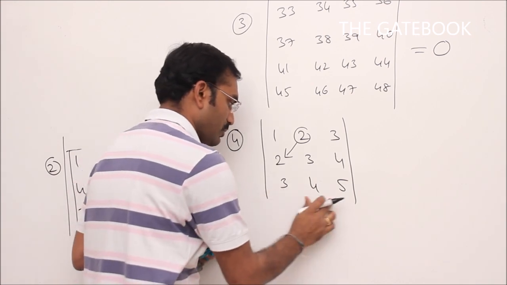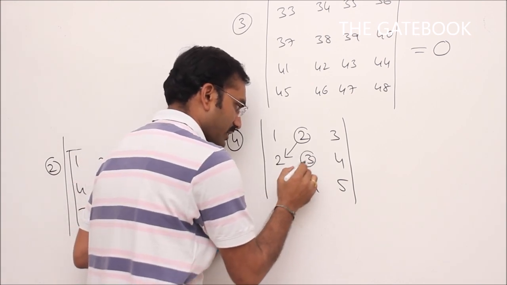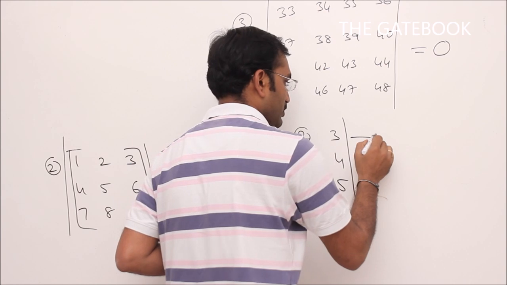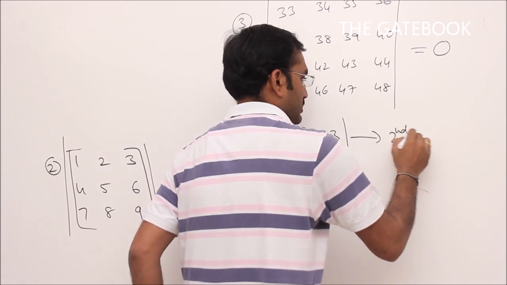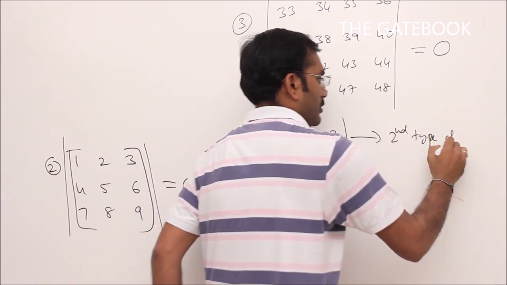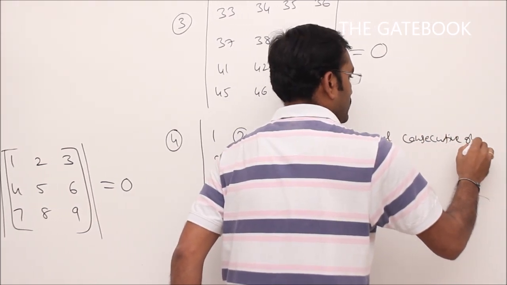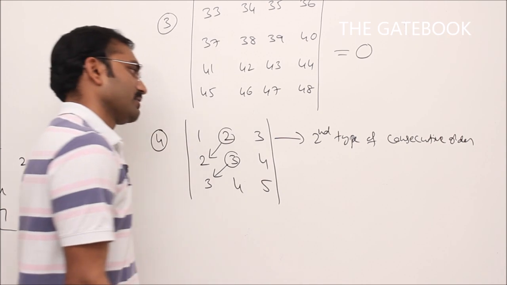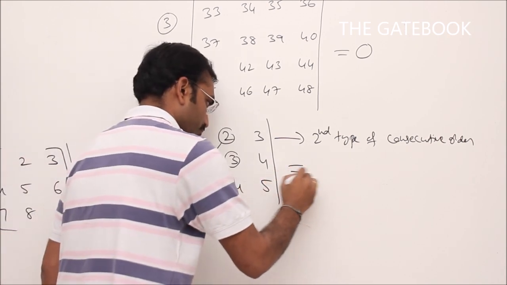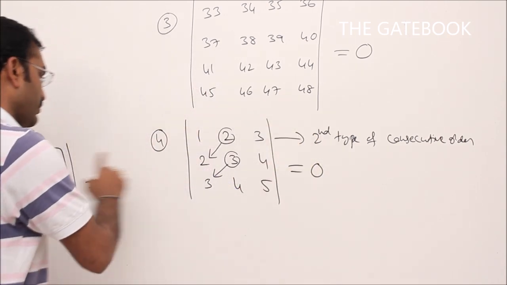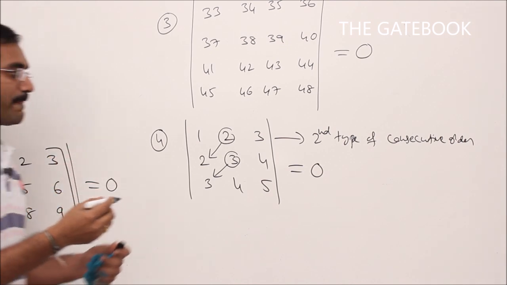Similarly, the elements of the third row start with the second element of the second row. This is the second type of consecutive order. For this type also the determinant value is 0. So these are type 1 and type 2.